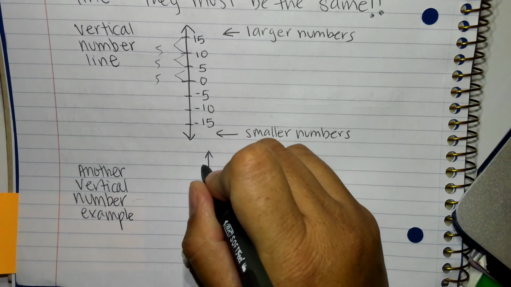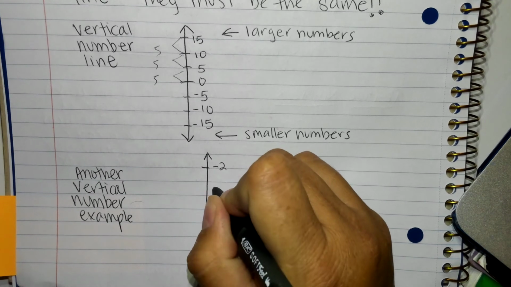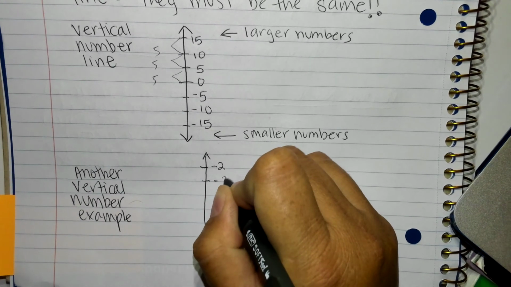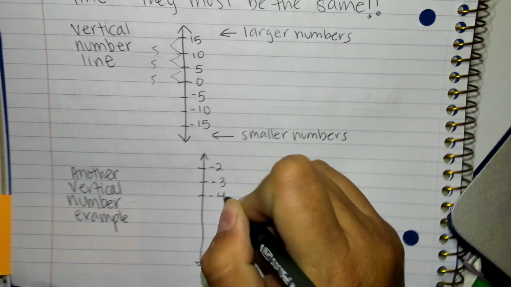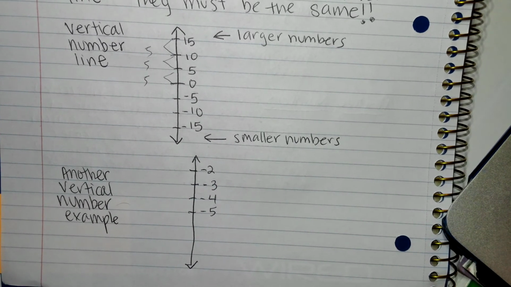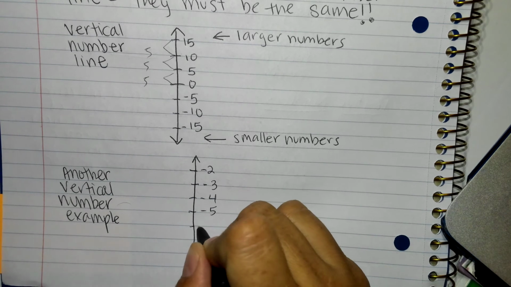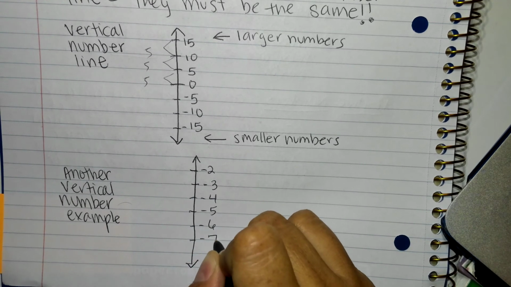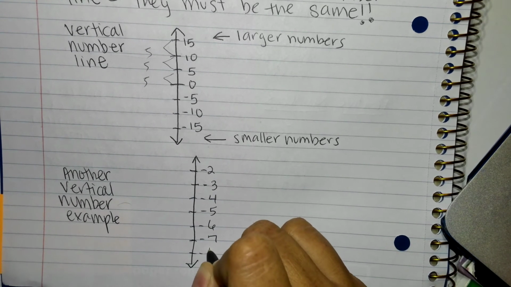And I'm going to do -2, -3, -4, -5, -6, -7, -8.